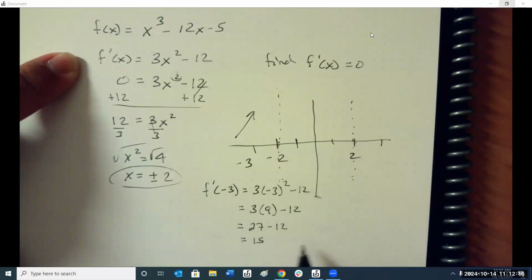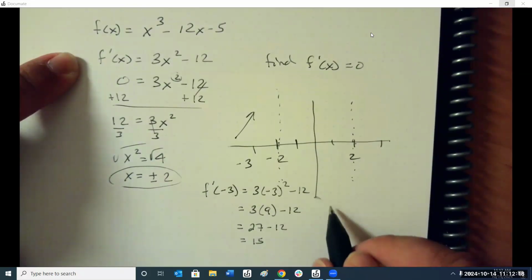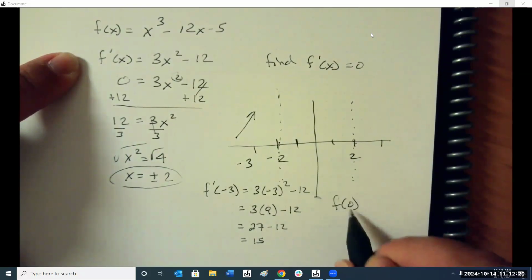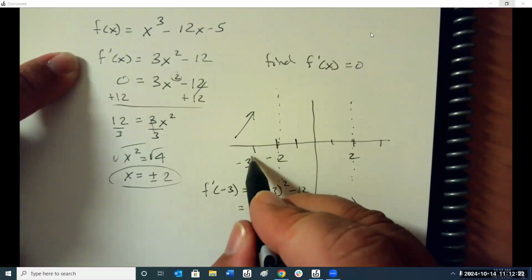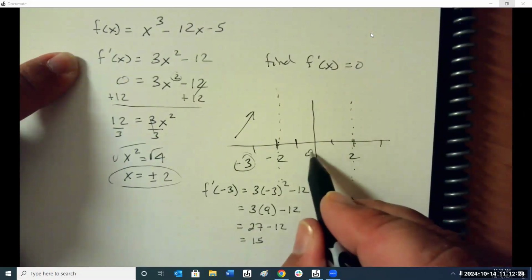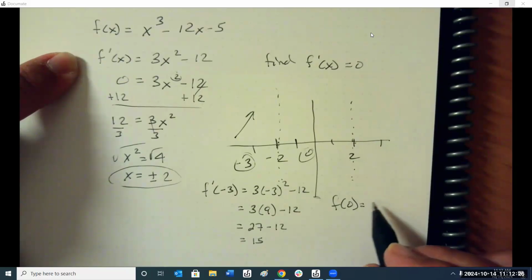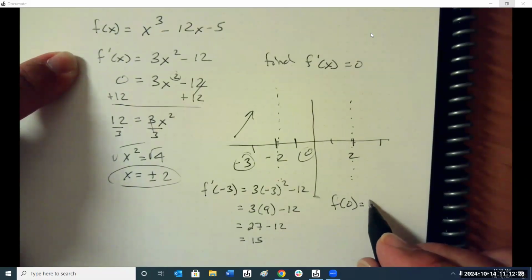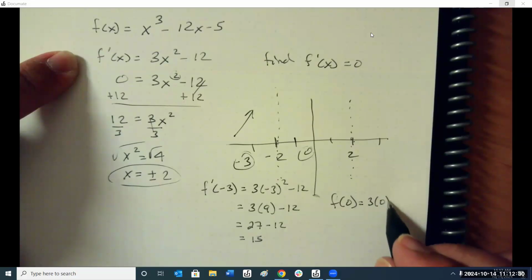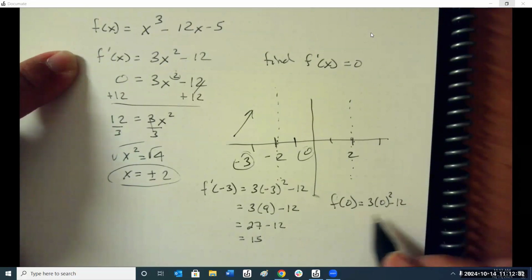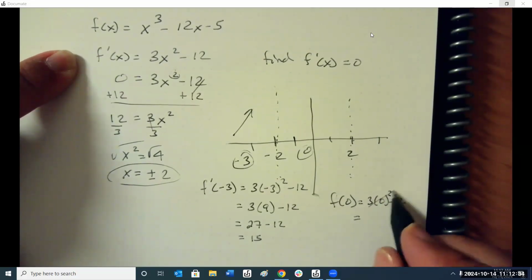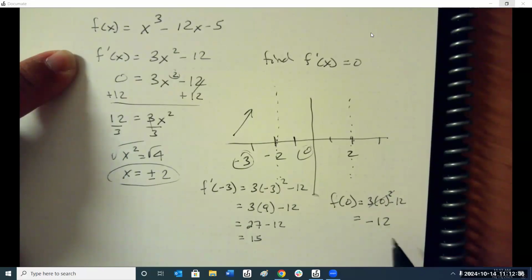So let's take f prime of 0. So we first took -3, then we're going to take 0. So we have 3 times 0 squared minus 12. So it's negative.